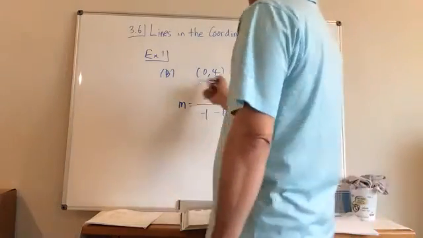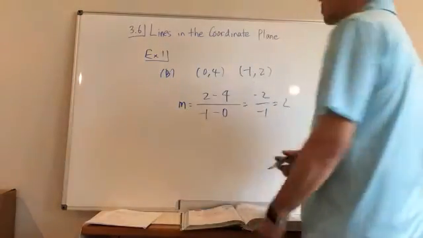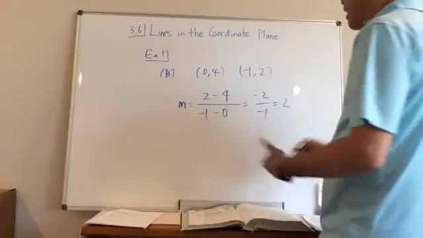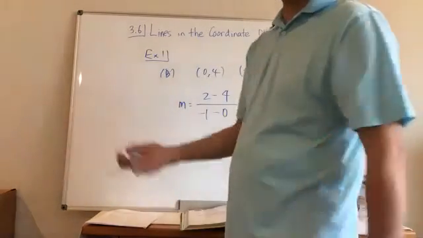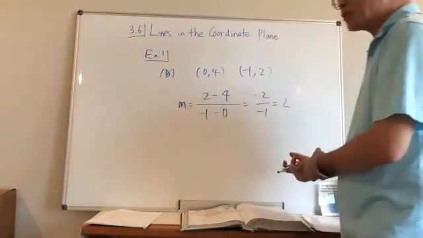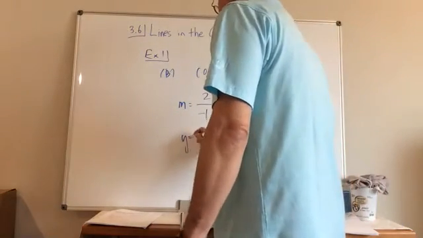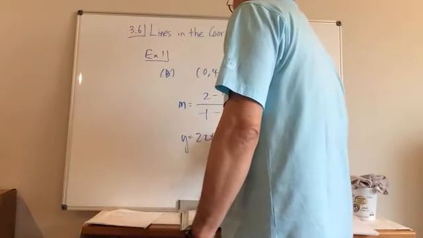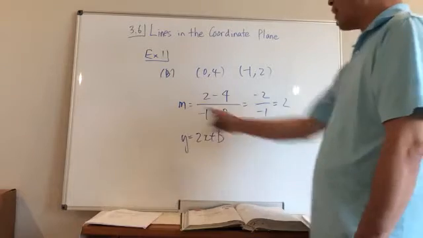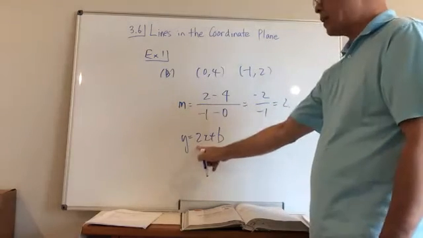And it goes through either one of these points, right? So there's a couple of ways to do this, okay? You can go ahead and use the point slope and then transfer that into slope-intercept form. Or you can go, well, it's y = mx + b, right? I know that m is 2. I figured that out.